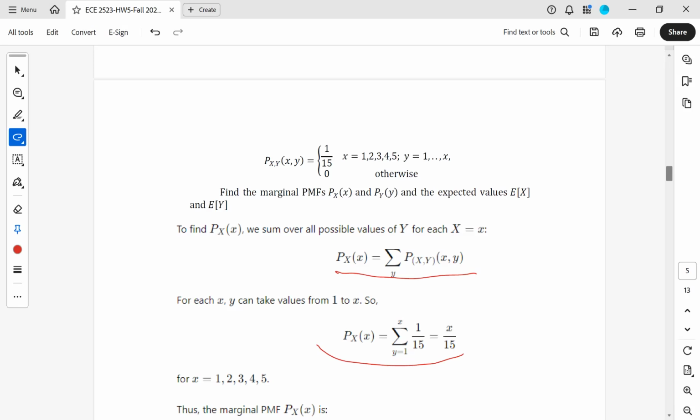What that means is that if we add up X values, each equal to 1/50, basically the result is going to be X over 50.